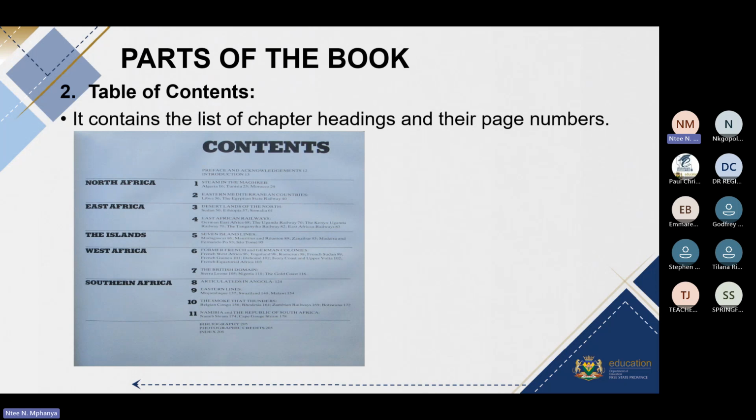If you are particularly interested in the islands, you don't want to read on North Africa or East Africa. You just go to your contents, check the pages on which the islands appear, then you go straight to those pages. So the table of contents is very important so that you do not have to page through the book trying to find the content that interests you.